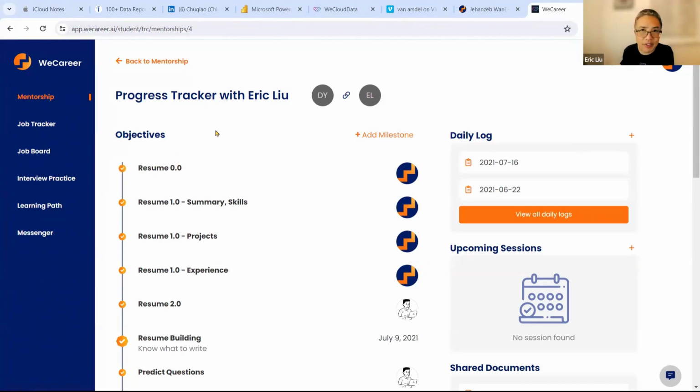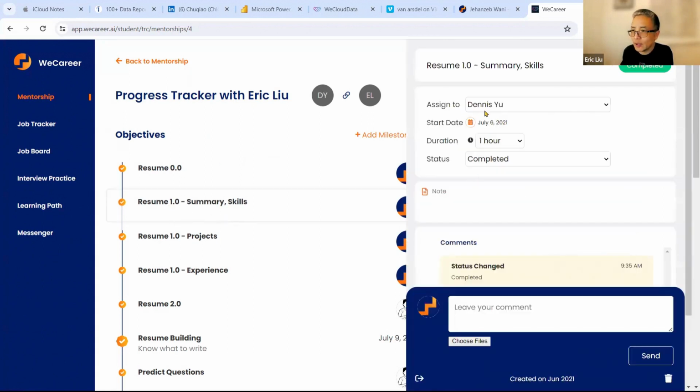So maybe the first day, first time you meet, you can break down the end goal into milestones and tasks. And then for every task, you can assign it to either the mentor or mentee. Most of the time, you assign it to the mentee, but there are times you need mentor to work on it too, right? So you have a start date, you have a duration, and when you finish it, you can change the status to complete it.